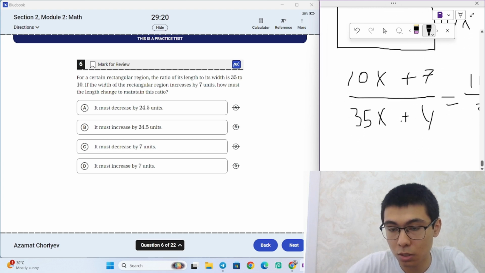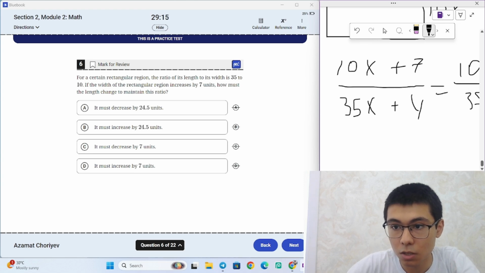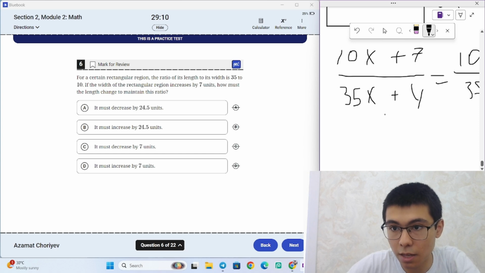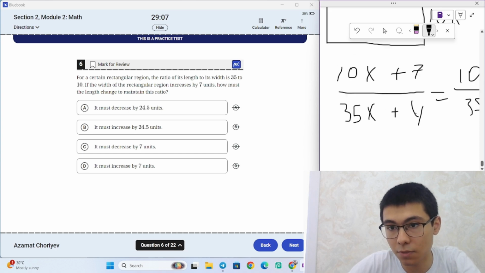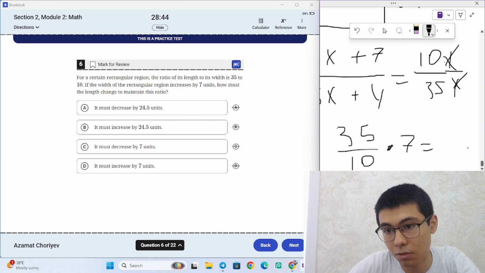From here, there is an easy way of solving it. We can do 7 to 10, right? Let's solve this way. 35 divided by 10 is going to be multiplied by 7, I believe.